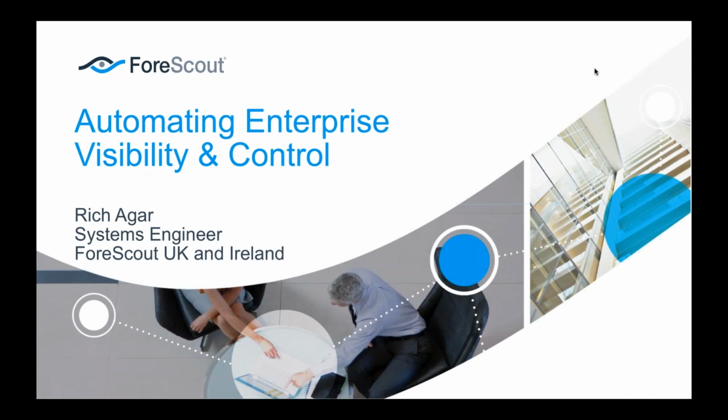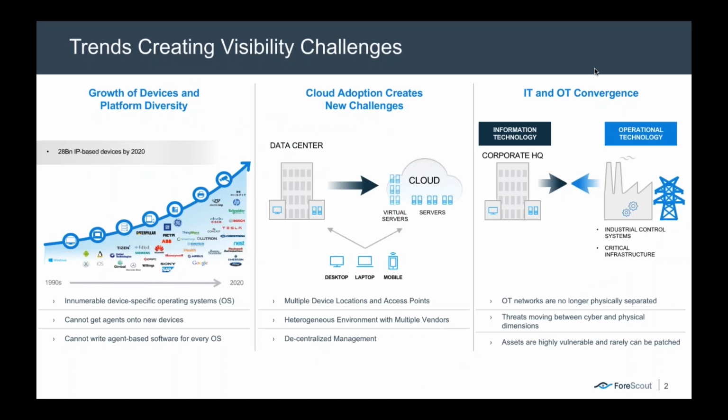So yeah, my name is Rich Agar, and I'm a systems engineer working for ForeScout out of the UK and Ireland. There are three challenges relevant to the discussion today that we're seeing again and again at ForeScout, and that's the growth of the number of devices connecting to corporate networks and the diversity of the platforms that they're using.